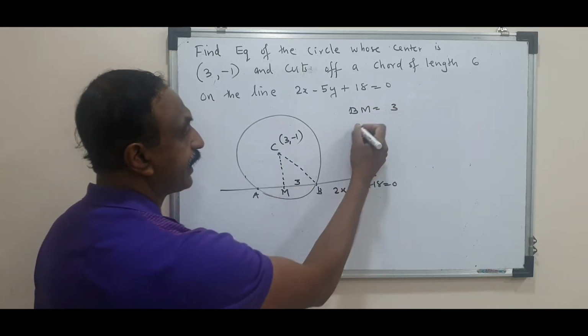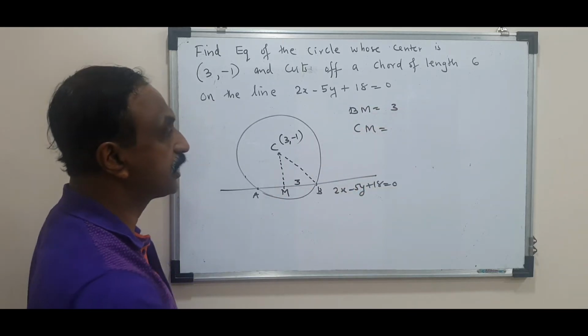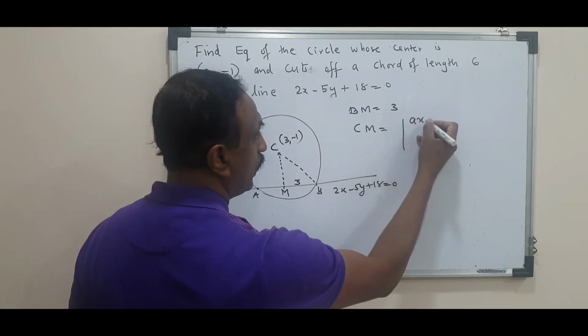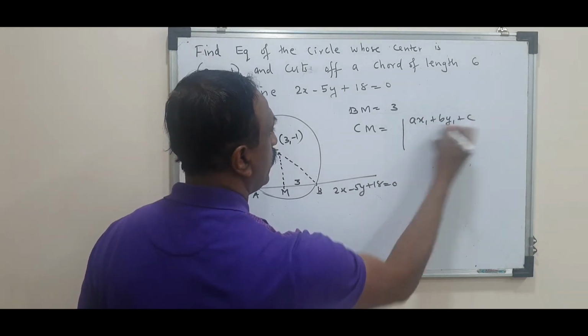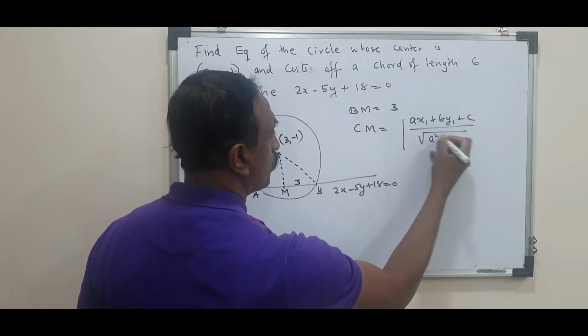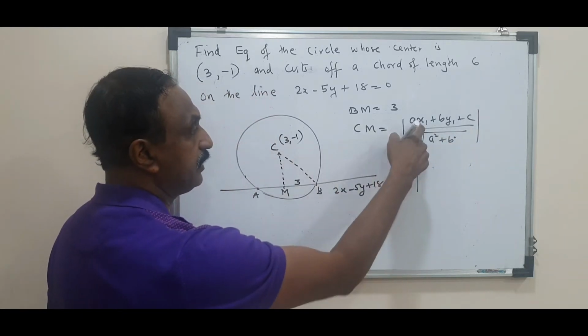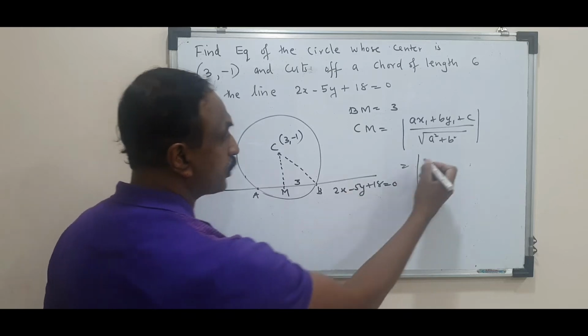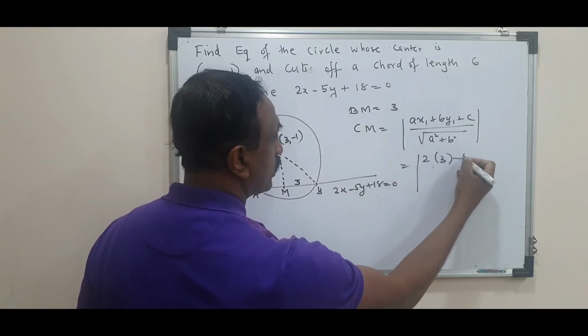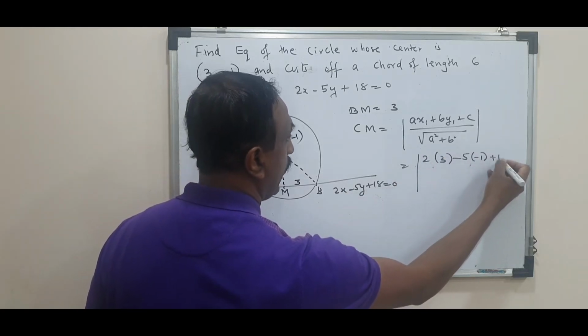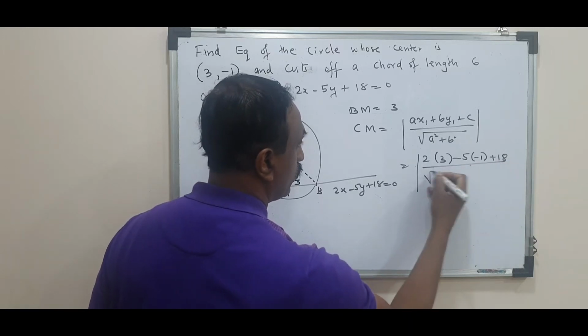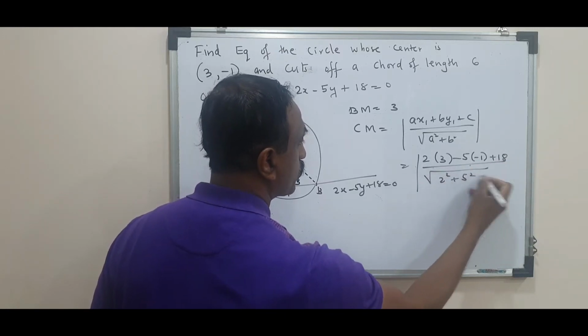Now CM we can calculate by the perpendicular distance from a point to a line, (Ax1 + By1 + C) upon root of A square plus B square. Substitute the point in the equation: (2 into 3 minus 5 into minus 1 plus 18) divided by root of 2 square plus 5 square.